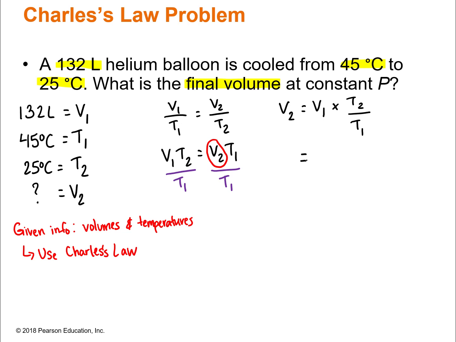Then we substitute in the numbers. V1 is 132 liters. T2, uh-oh, we've got Celsius. We've got to do some converting. To get from Celsius to Kelvin, you add 273.